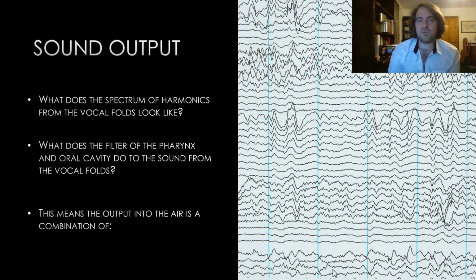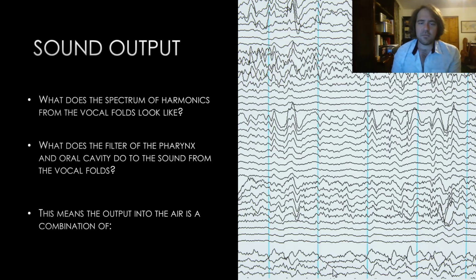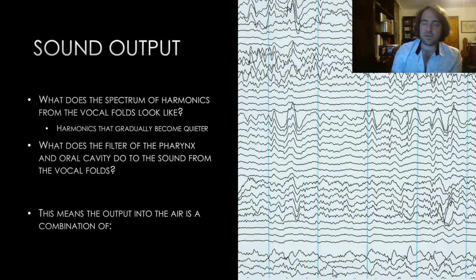What does the spectrum of harmonics from the vocal folds look like? We didn't talk a ton about this, and it's going to come up mostly in the next section, but learn it anyway, just in case. It's harmonics that gradually become quieter, or resonant frequencies that gradually become quieter, right?